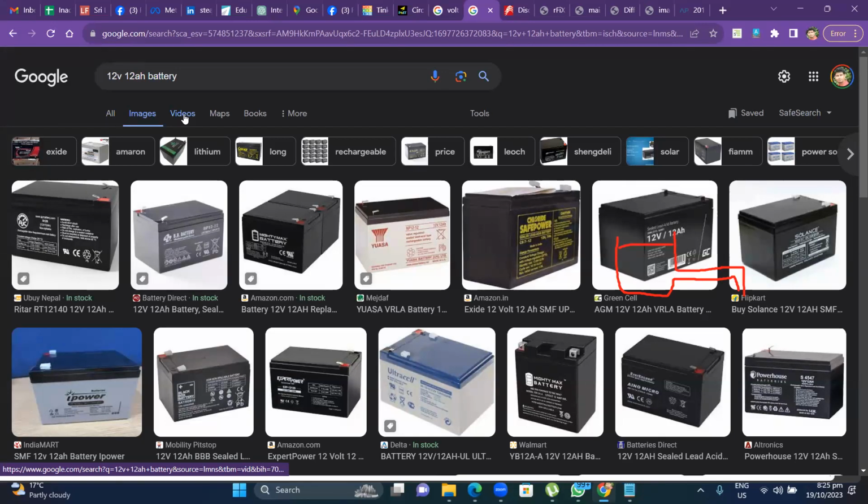You can see the voltage. What is the voltage mentioned there? Any equipment, kitchen equipment or fan or anything.